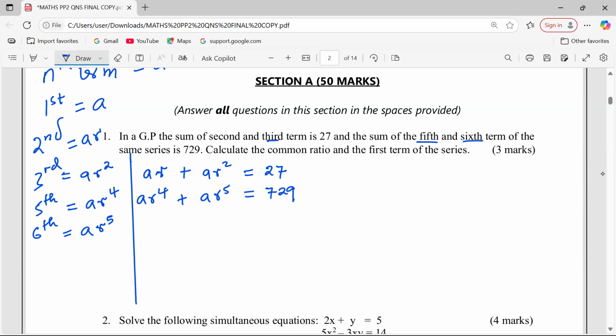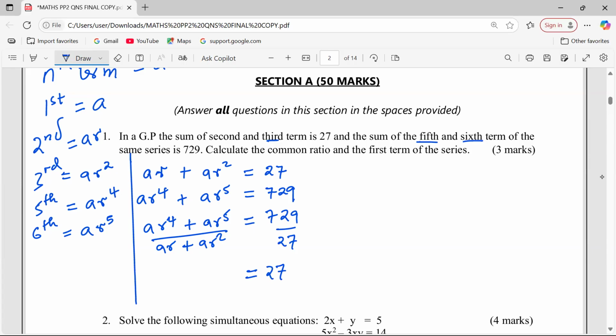So we're supposed to solve these equations. And for us to solve them, we can take the ratios. Because it is a geometric sequence, we can say, when we take A R power 4 plus A R power 5, we divide this by A R plus A R squared, we are supposed to get 729 over 27, which is 27.